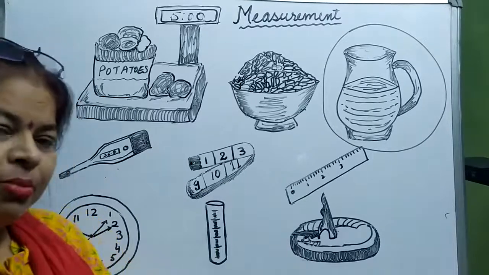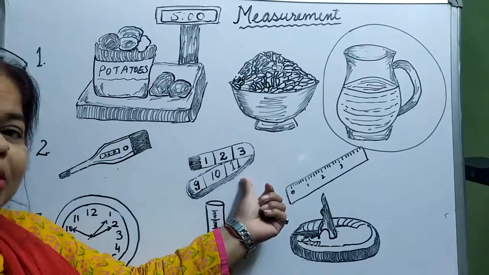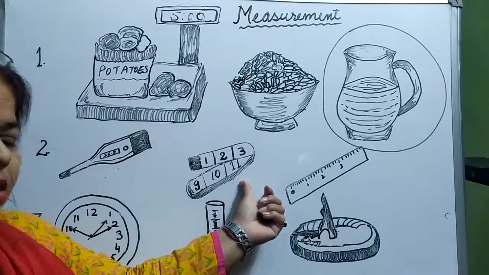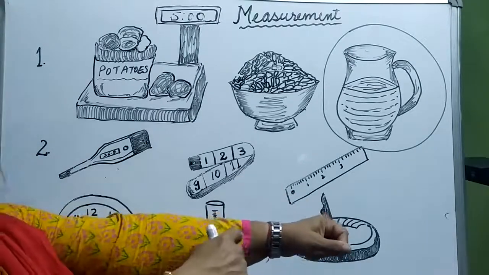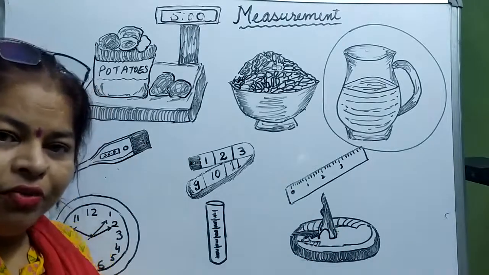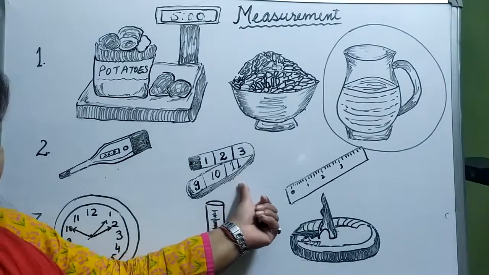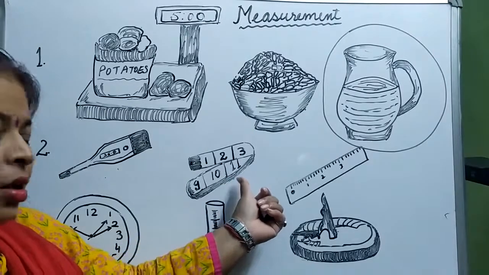What does he do? He takes your measurement for making a garment. He is going to measure the sleeves, the shirt length, the trouser length, or the waist length. So basically we are talking about length.